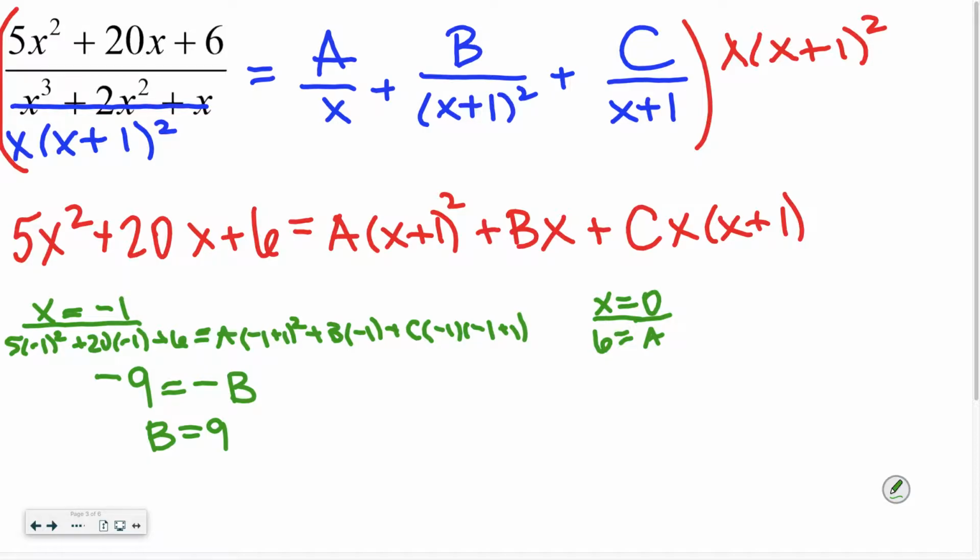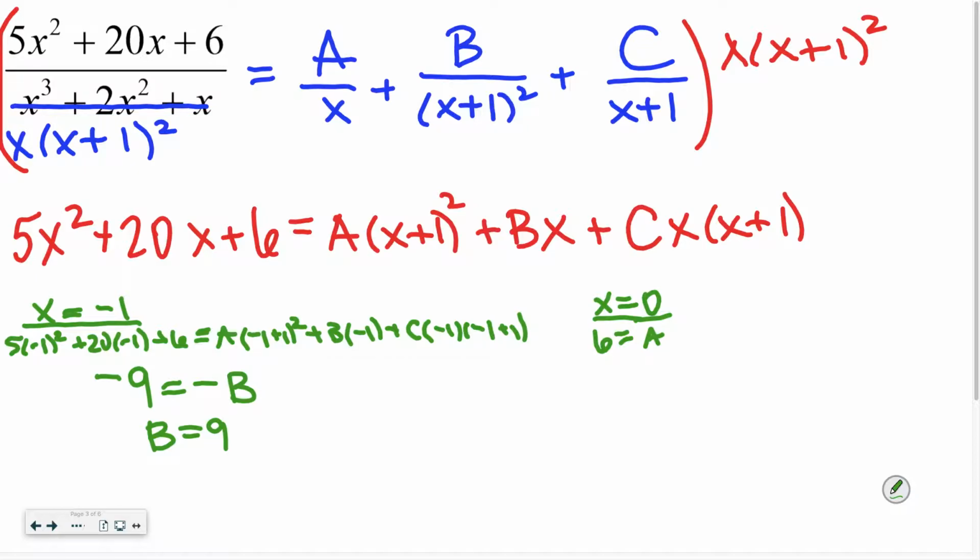Well, what about C? Technically, we've used all of our factors, haven't we? And this is our key. How are we going to figure out C? Do we know A and B?